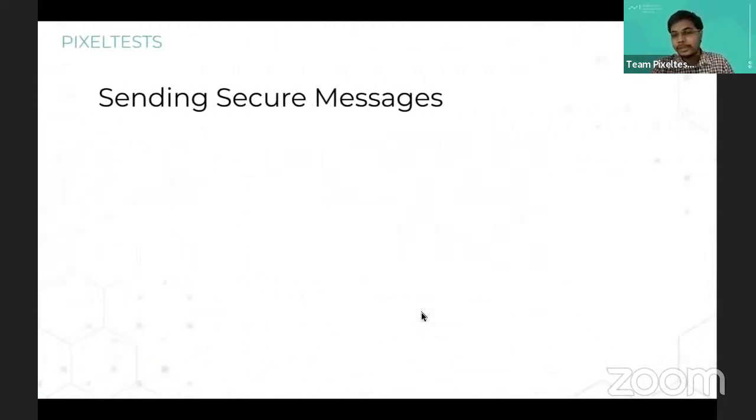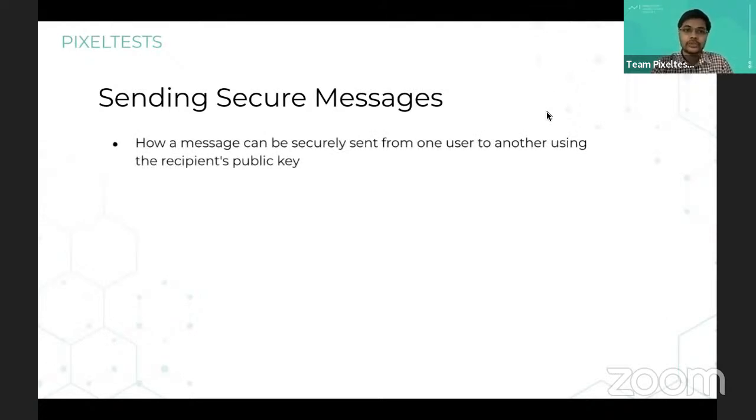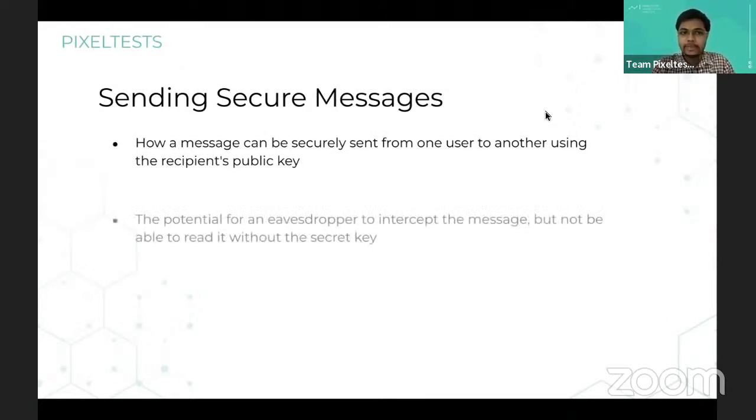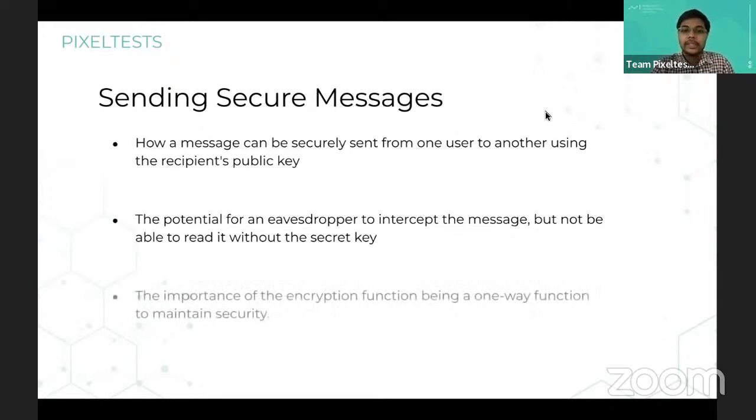So though he will get the message, he'll not be able to decrypt it. That is the security that is promised by this particular system. So we understand how a message can be securely sent, and how an eavesdropper will not be able to decrypt a message because he does not have a secret key.